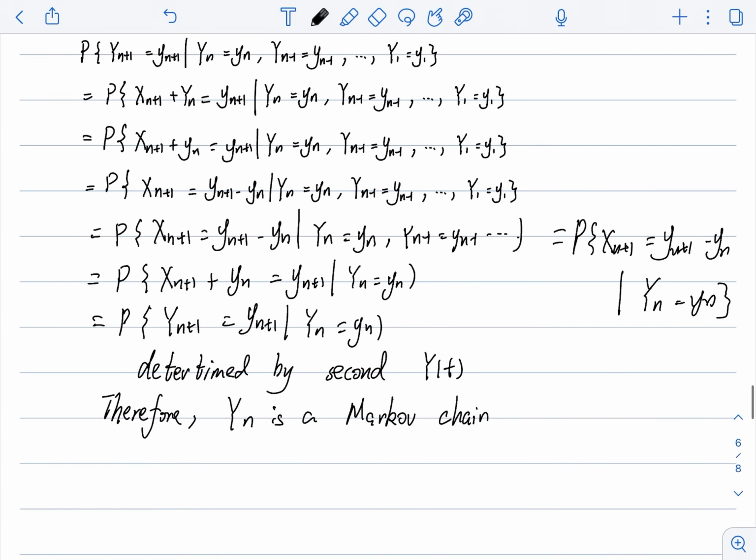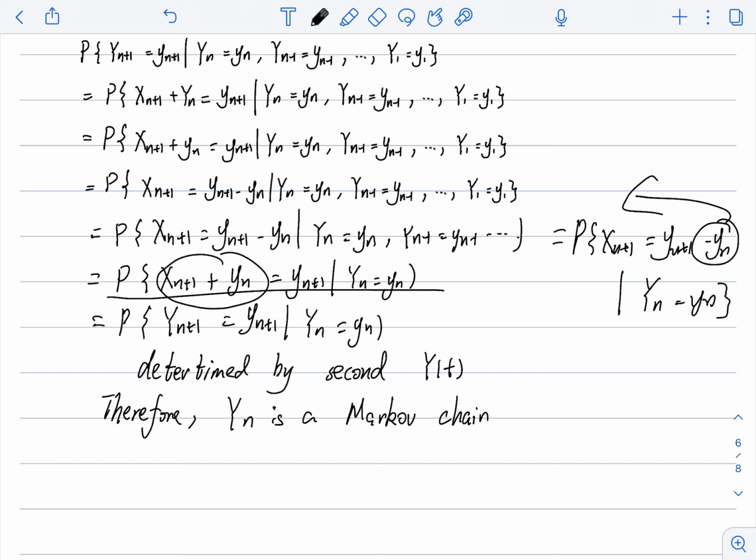Hence, we move the yn to the left part and get this equation. Finally, we combine these two and get Y(n+1) is equal to y(n+1), this value, under the condition that Yn is equal to yn.